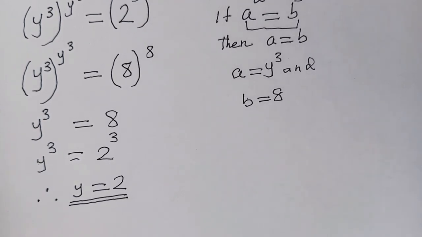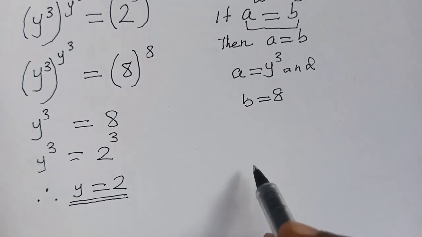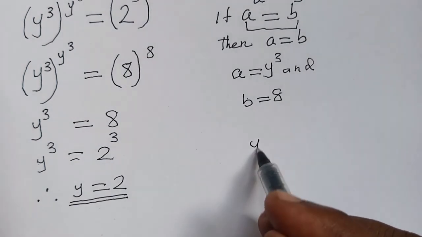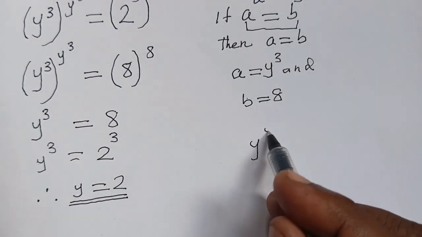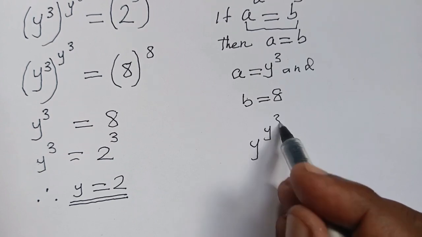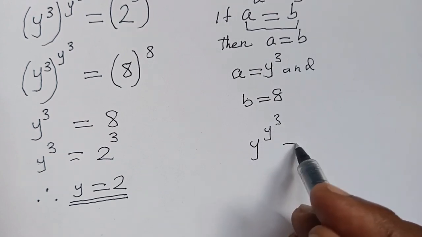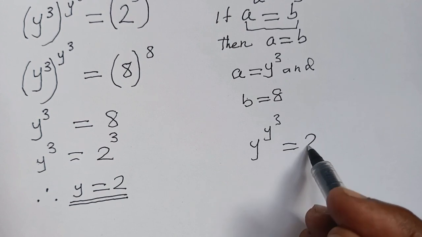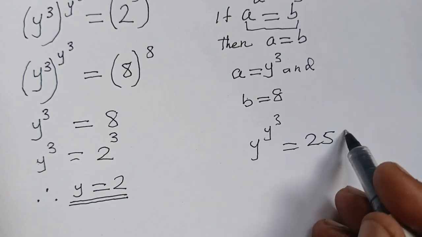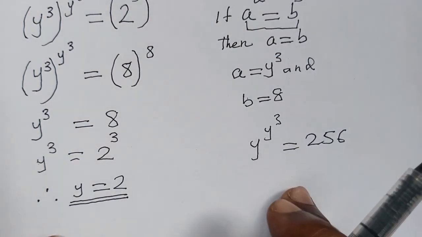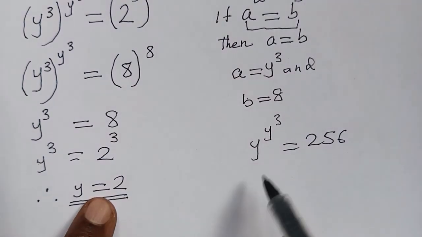You can even prove whether the answer is true or not. Let us prove. We have y raised to y^3 equals 256. But here the value of y is 2.